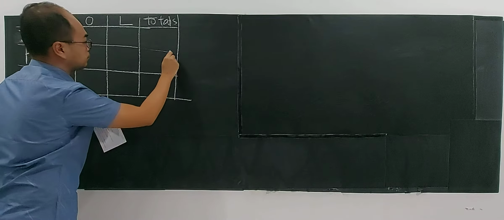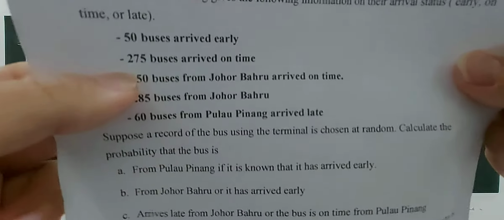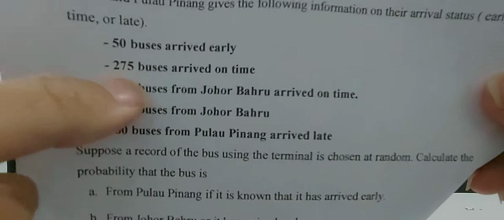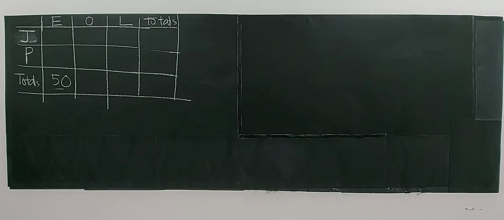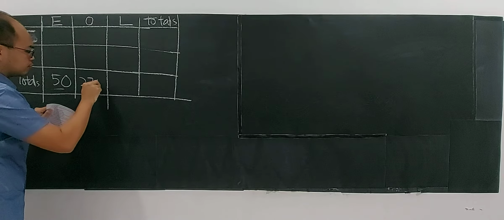So we construct a very simple table. Later on, 275 buses arrive on time. So arrive on time means it's 275 of them.